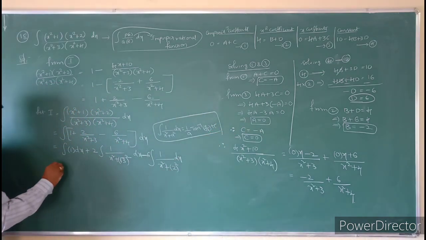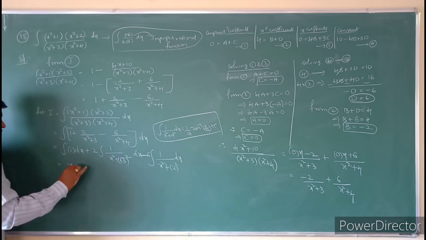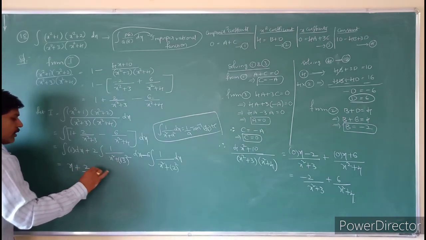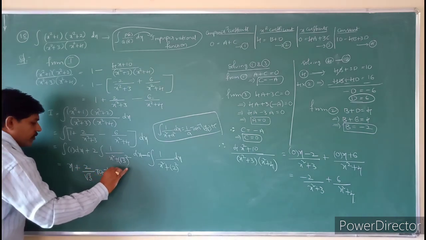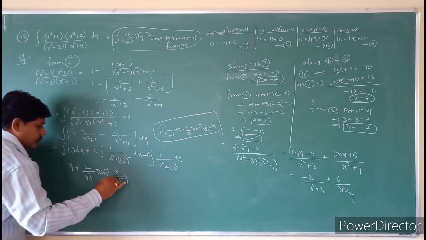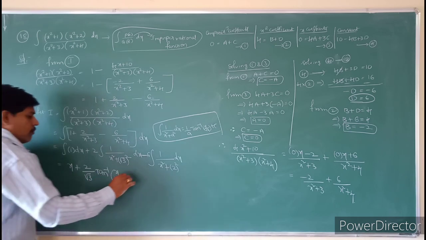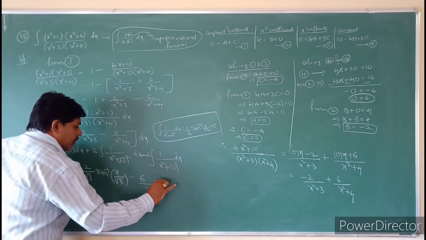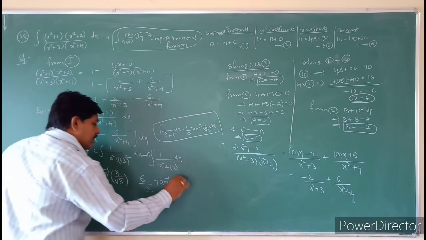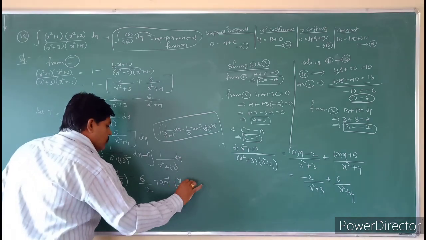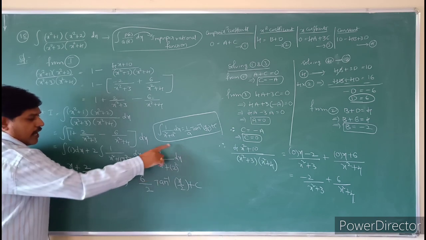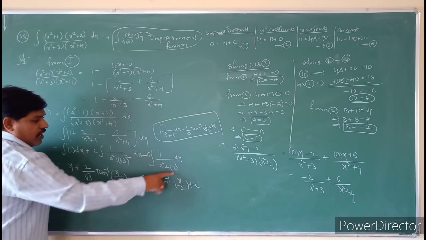So the integral of 1 into dx is x, plus 2 by root 3 into tan inverse of x by root 3, minus 6 into 1 by a into tan inverse of x by a, where a value is 2.